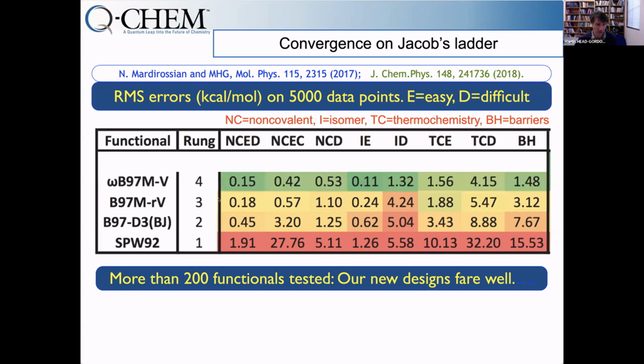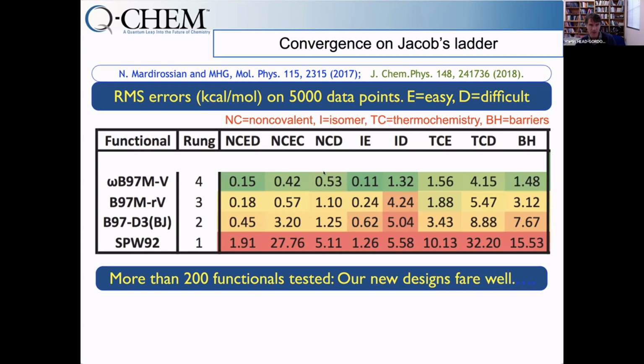At rung 4, one sees little improvement in non-covalent interactions, except for the difficult self-interaction sensitive ones, which improve by a factor of 2. And the best rung 4 functional we tested is our omega B97M-V. We see some improvement in thermochemistry, and then a very big improvement in barrier heights.